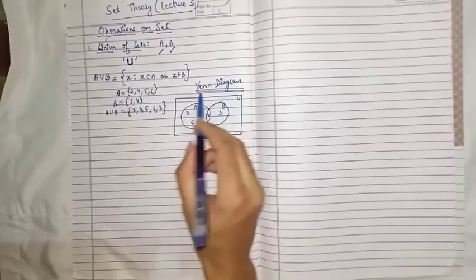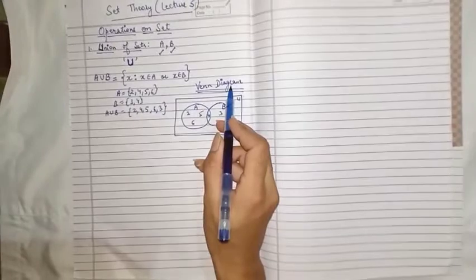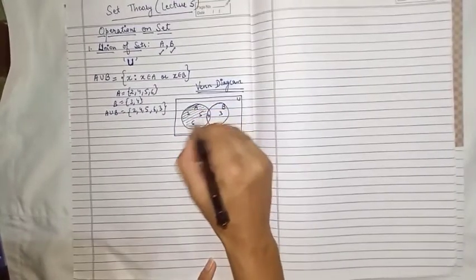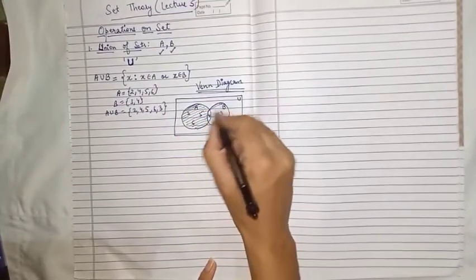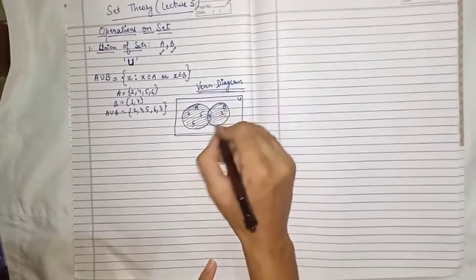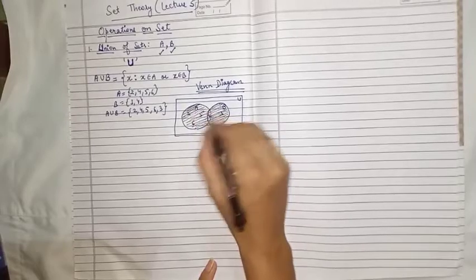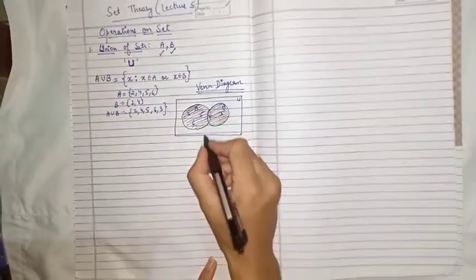So this is my Venn diagram to represent A union B. What will be my shaded portion? That is this portion. This is the A portion, B portion, all the portion that belongs to A and B, right? This is my union, A union B.